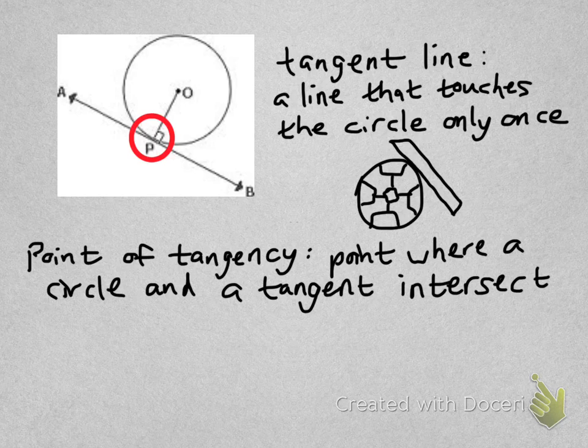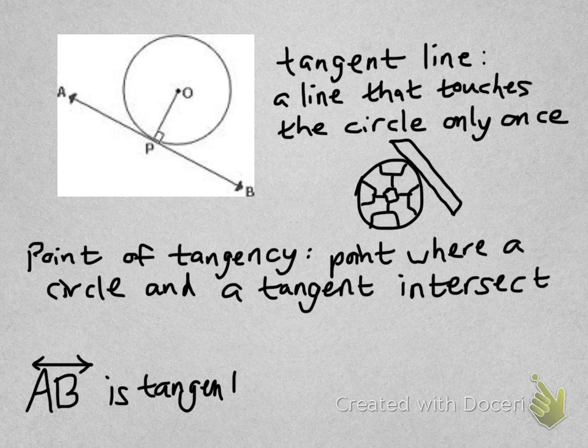So to tie that into this picture here, we have a circle O, and we can say that line AB is tangent to circle O, which is the notation for that. And then we would say that P is the point of tangency. So point P is the point of tangency. Okay, so that's just a little vocabulary for you.